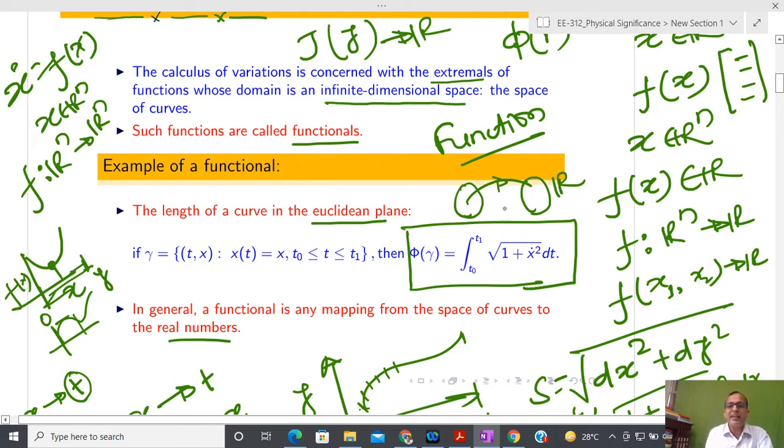Suppose x is in Rn, so I have n tuples of numbers, and at that point the function has a minimum or maximum. But here, if you are going to extremize some kind of functional, then this y is nothing but again coming from an infinite dimensional space, some kind of function. So if you are going to minimize some kind of functional, then you are going to get some kind of function.